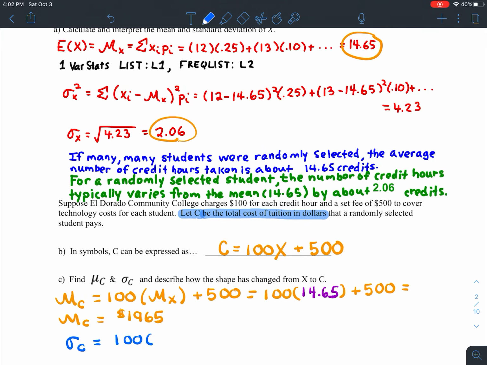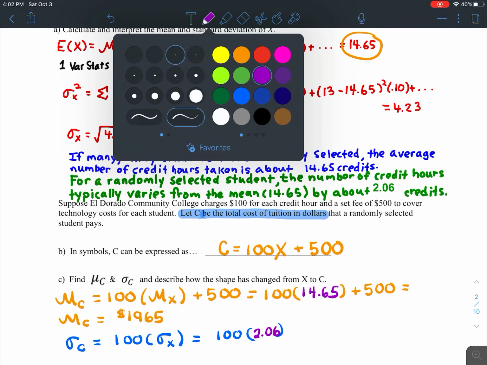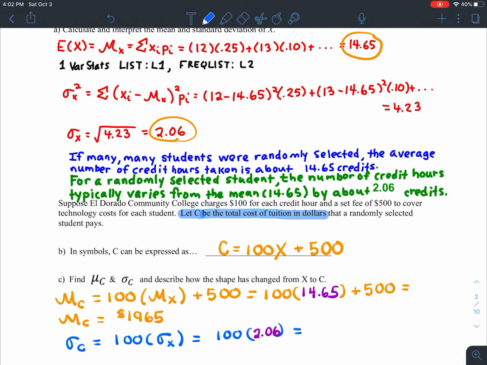Now for the measure of spread, if I were to do something similar here, but please keep in mind we're talking about measure of spread, and so now when I look at what has been transformed, we know measures of spread are actually only impacted by multiplication, not by addition or subtraction. So I'm only going to apply the transformation that involves multiplication here.